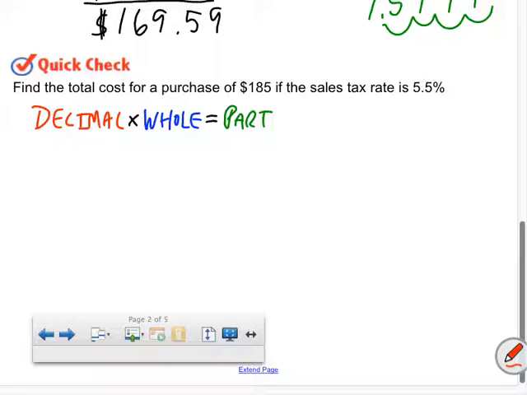Okay, so what's the decimal part going to be? 0.055. Tenths, hundredths, thousandths, 55 thousandths. Okay. I need to multiply that by the whole. And the item we're buying is $185. So that's my whole.